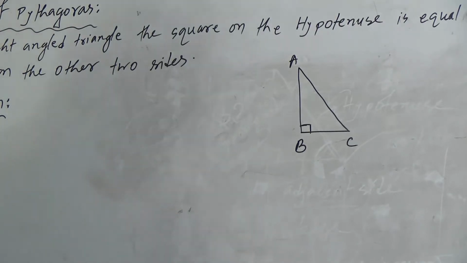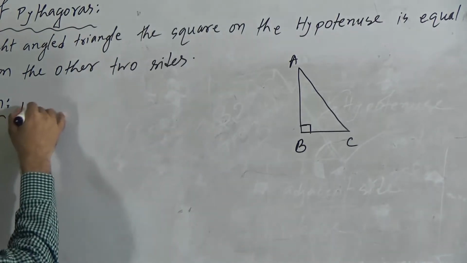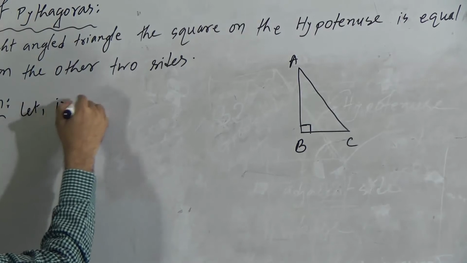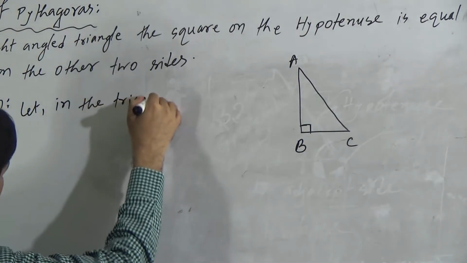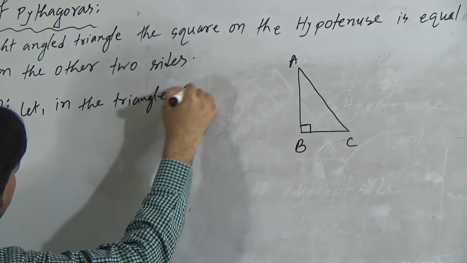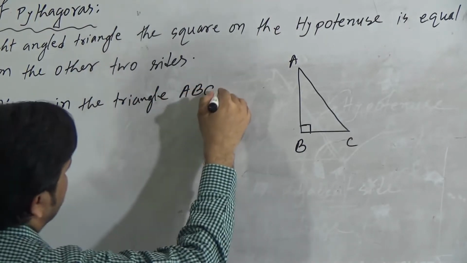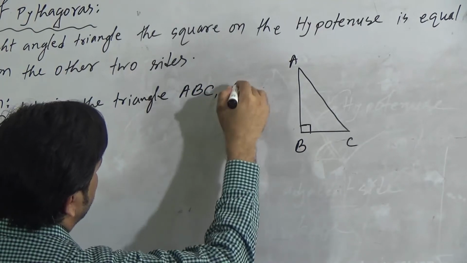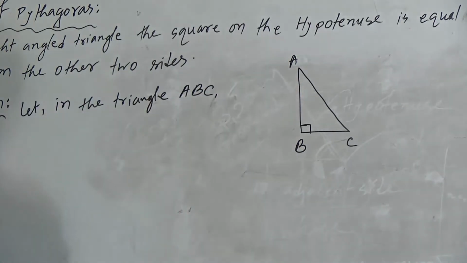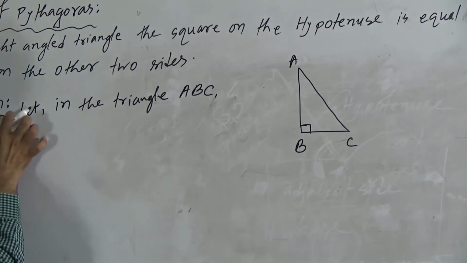Okay, dear students, so we can write here. Now let in the triangle ABC, angle B is equal to 1 right angle or 90 degree.